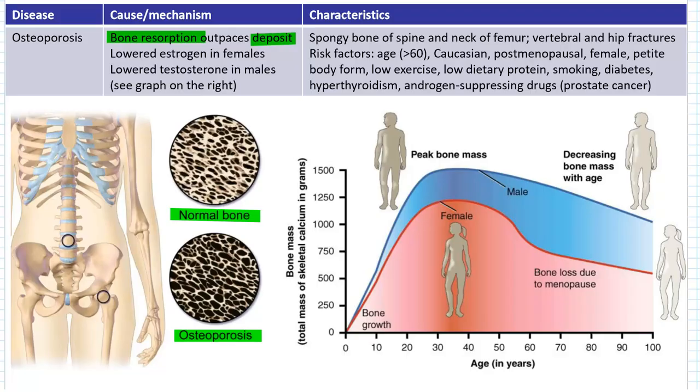So, females are affected more by this condition than males. The reason for it is menopause. Turns out, estrogen, whose levels decrease during menopause, is critical for bone deposition in females.